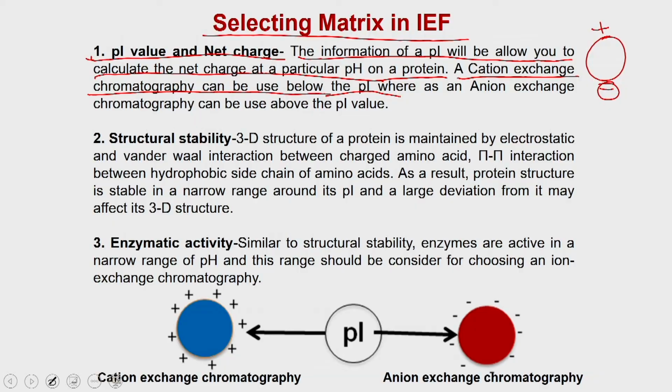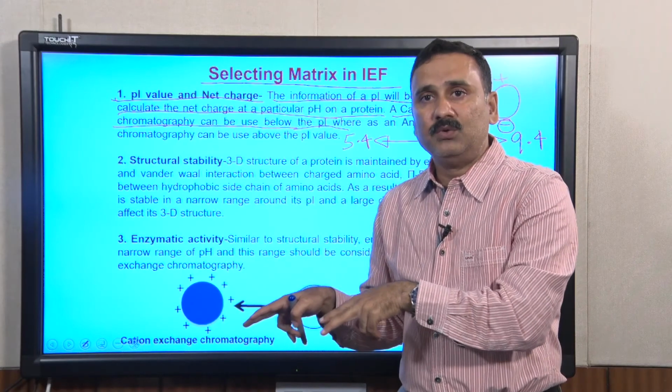This means if you have a protein whose pI value is 7.4, and you would like to use cation exchange chromatography, you have to perform it at 5.4. But if you would like to use anion exchange chromatography, you have to use a pH of 9.4, which means you have to bring in a 2 unit difference from the pI value.